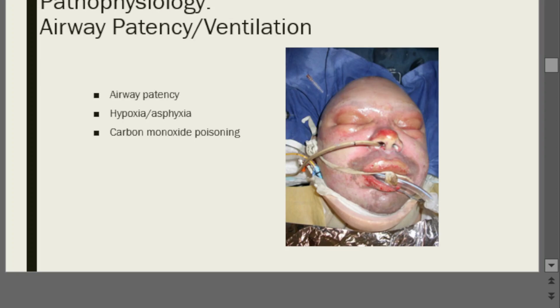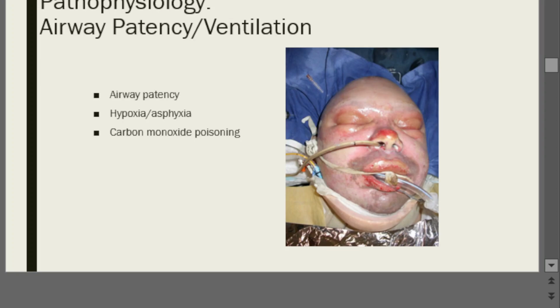Hypoxia and asphyxia may result from being in a small or closed space where the oxygen is being consumed by that fire, right? So that's one of the highlights of a fire, when oxygen consumption happens and all of a sudden we do not have enough oxygen for ourselves. Carbon monoxide poisoning can be a result of this.